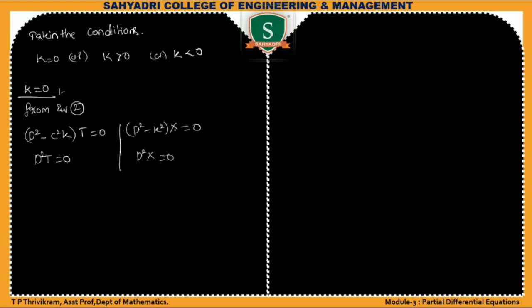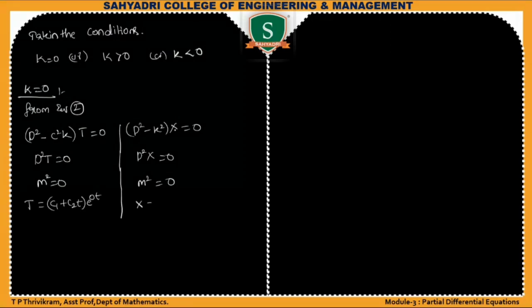So what will be the auxiliary equation for this? m square equal to 0. Here also m square equal to 0. So 0 is repeated twice. If 0 is repeated twice, t is equal to (c1 plus c2 t) e power 0t.